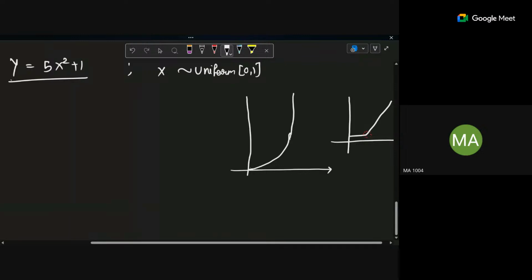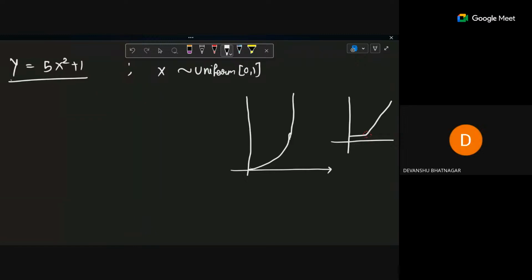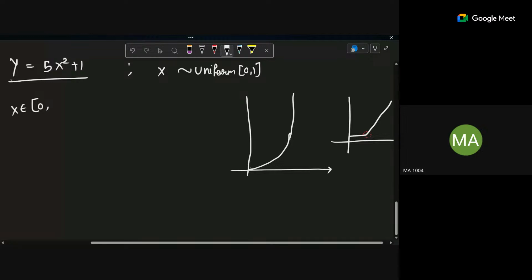We know that this is nothing but a shifted parabola. So whenever your x lies between 0 and 1, you can just check whether this function will remain monotonic or not. Whenever it comes to monotonic, your graph should either stay stable, or it has to increase or decrease.